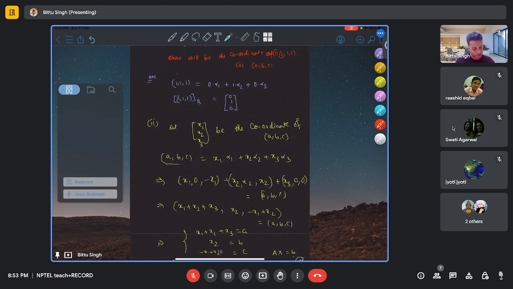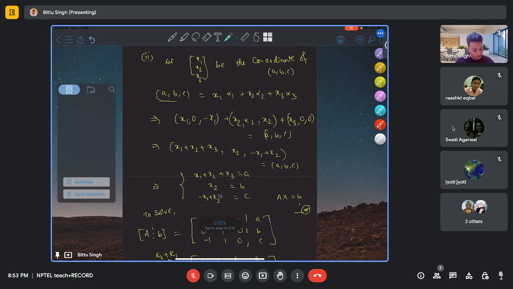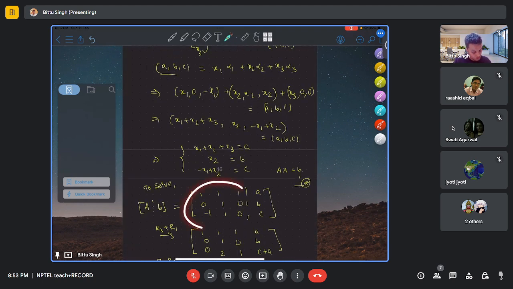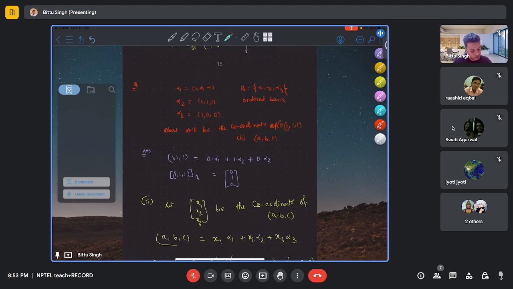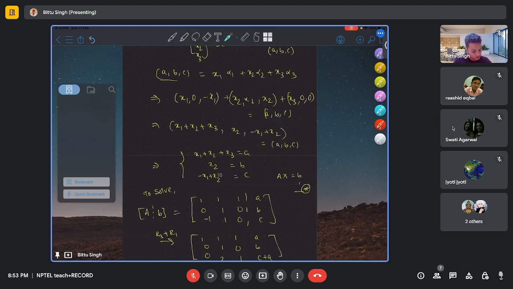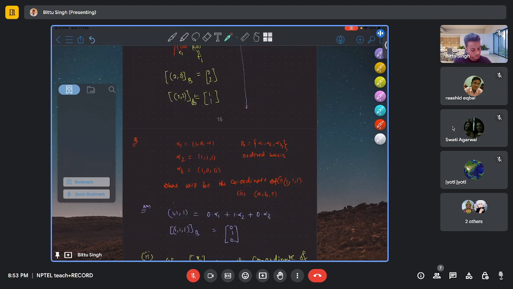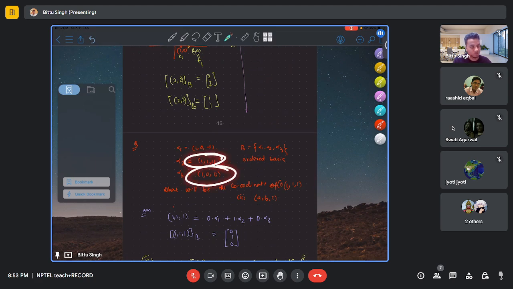And also note another thing, this equation, this 1 0 minus 1, is the same as the first given element, and similarly the second and third rows are obtained from the second and third vectors.